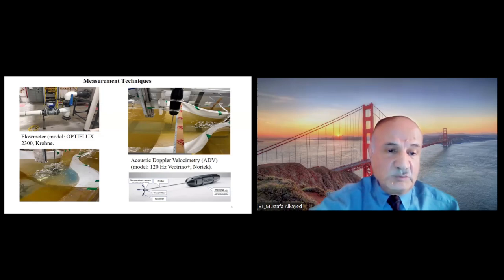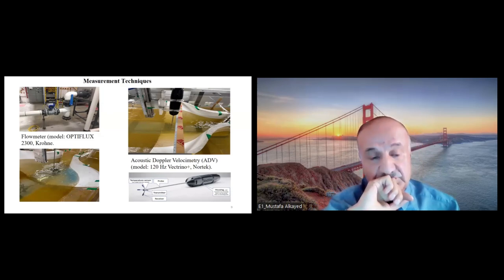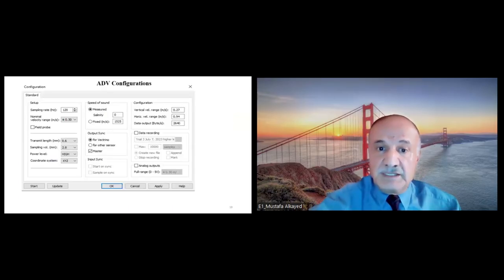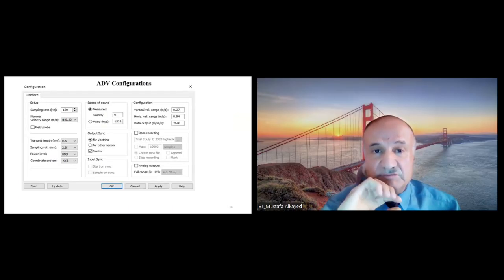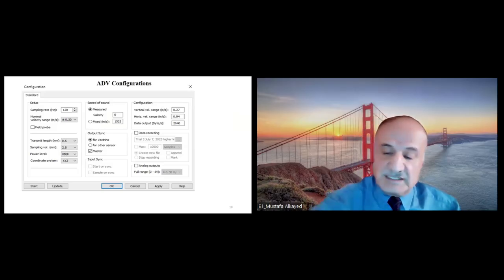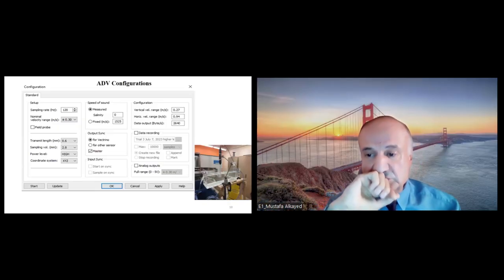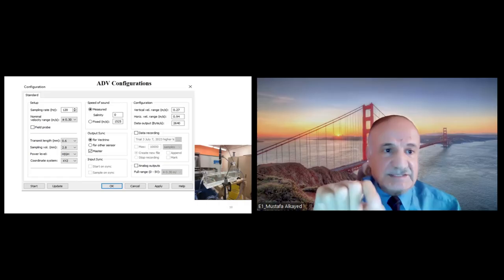And we also use a flow visualization test to confirm that the results we have experimentally are verified visually. Before we start, we configure the ADV device, and we use a micro tunnel, a microflume, to set up all the data for the ADV.